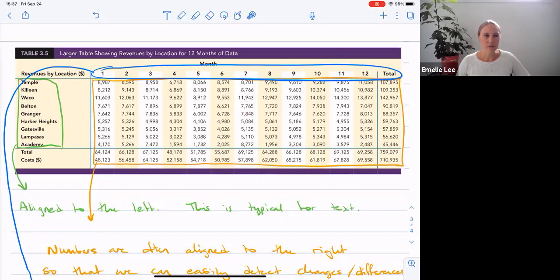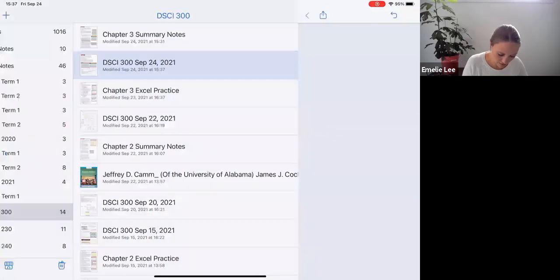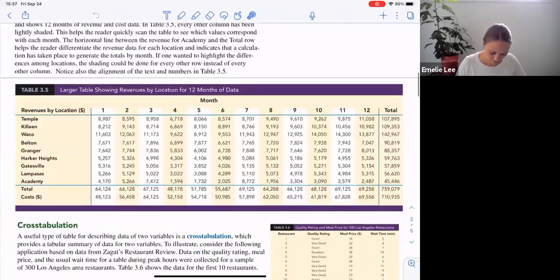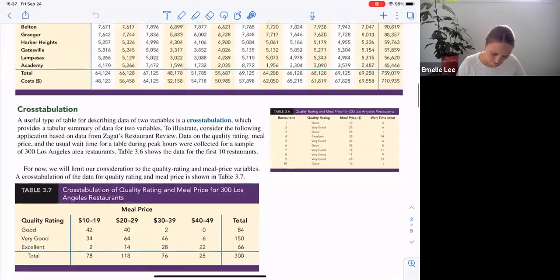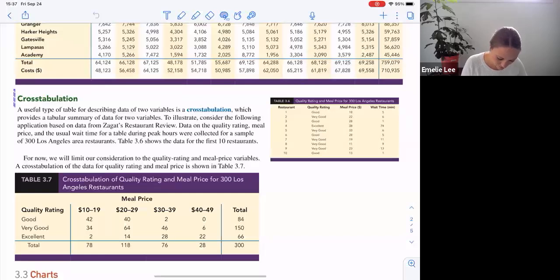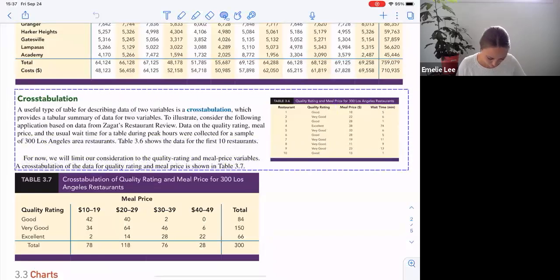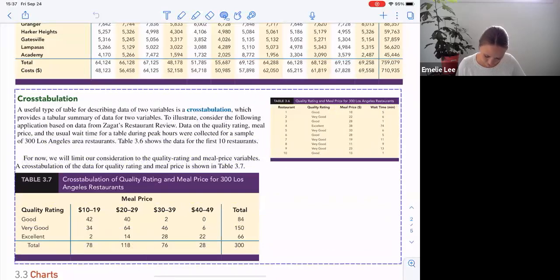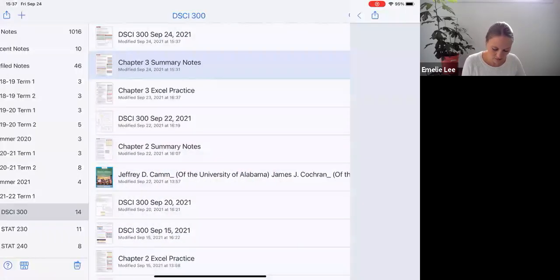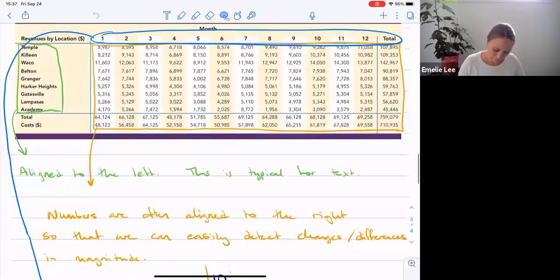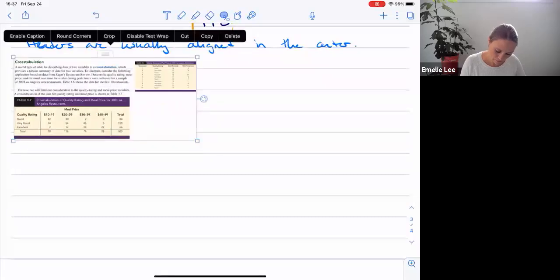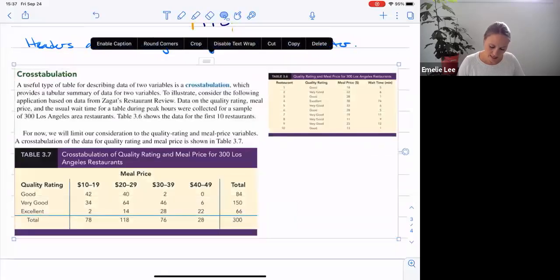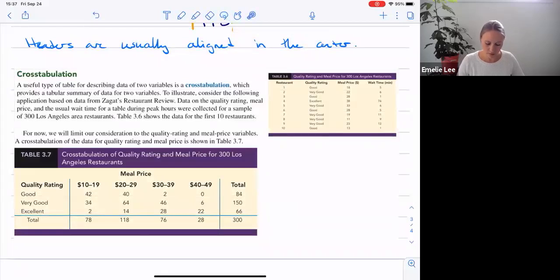Okay, so good. Why not bring this whole thing in? Copy. So we can have what we call a cross tabulation.